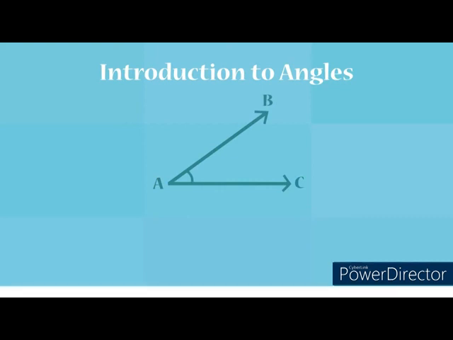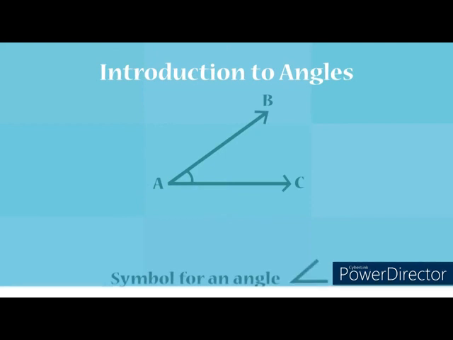Now we can say that AB is an arm of that angle, as well as AC is an arm of that angle, and A is the vertex. Is that clear? AB is the arm, AC is the arm, and A is the vertex.